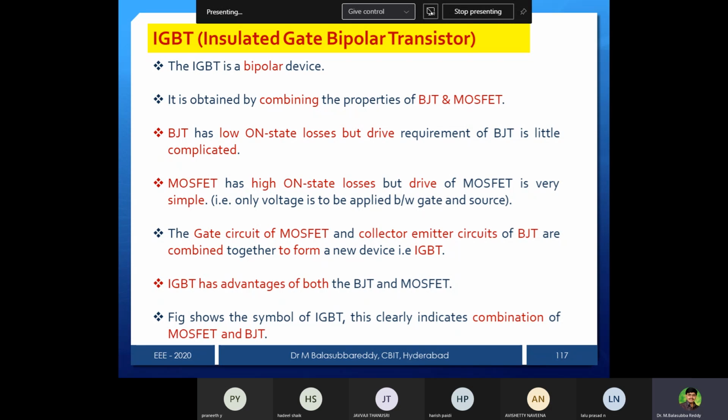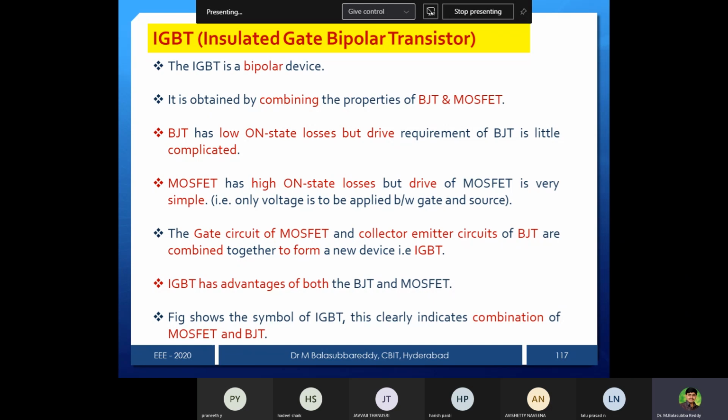We discussed the BJT and MOSFET in the previous class. I mentioned the comparison between BJT and MOSFET individually. In some cases BJT is better and in some cases MOSFET is better, and there are disadvantages in each individual case, because conduction losses are less in the BJT and more in the MOSFET, while switching losses are more in the BJT and less in the MOSFET.